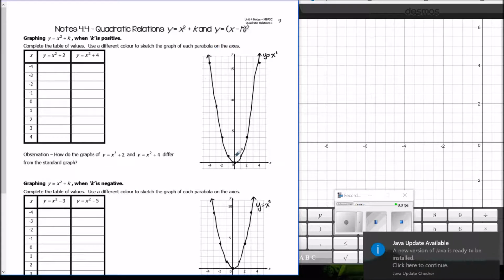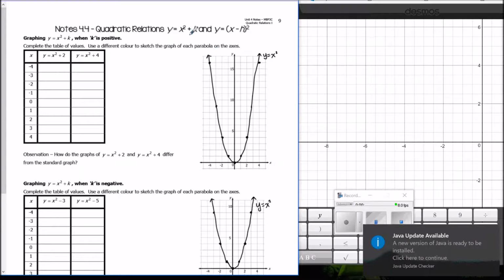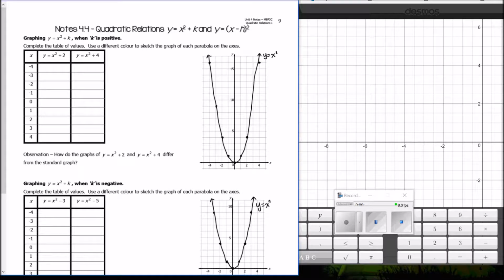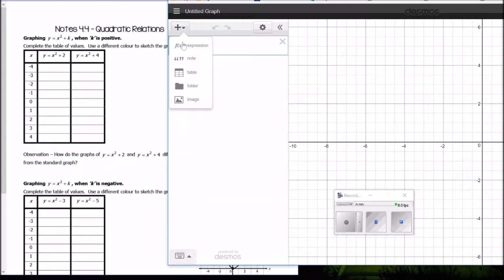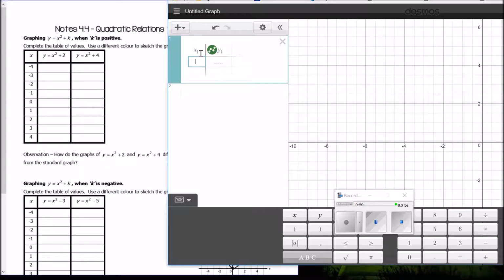So right here we have our standard parabola, where it's going to say y equals x squared. Now I want you guys to use Desmos, and we are going to create table values to figure out what happens when y equals x squared plus 2.